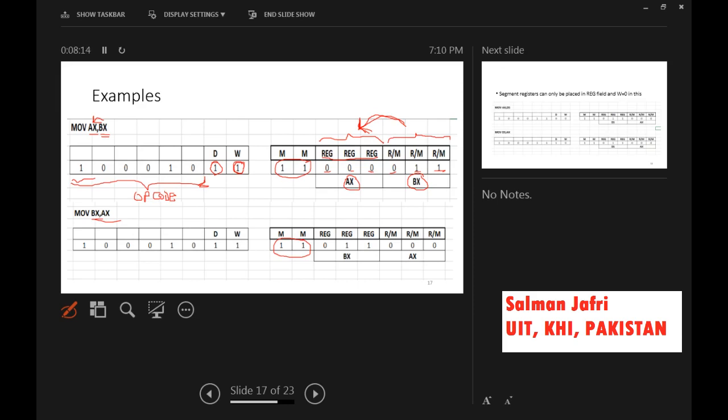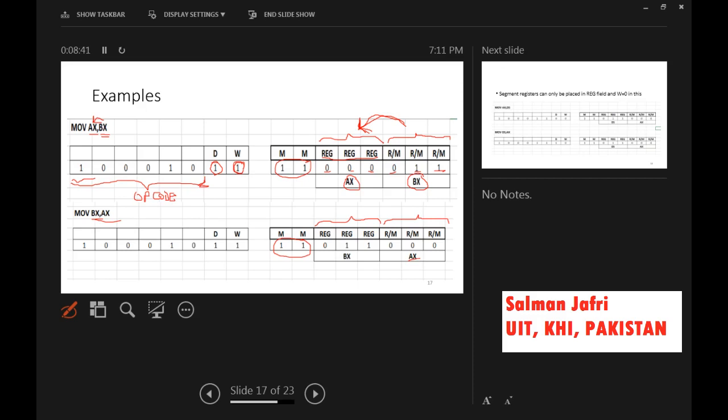So REG should have the code of BX. Similarly, right hand side contains AX. So R/M contains the code for AX. So now this is the second byte pattern for move BX, AX.